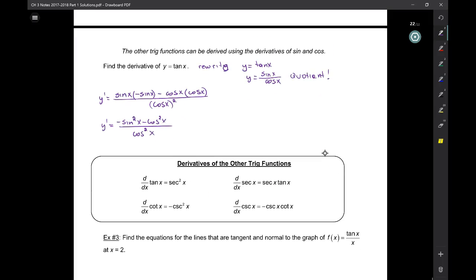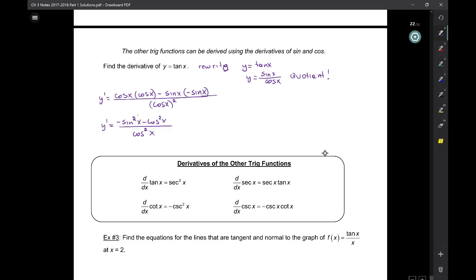It is. I'm sorry, my mind just wandered. Thank you. So, low d high, what would that be? Cosine times cosine minus high, the derivative of the low.